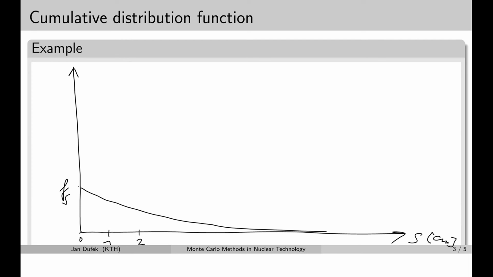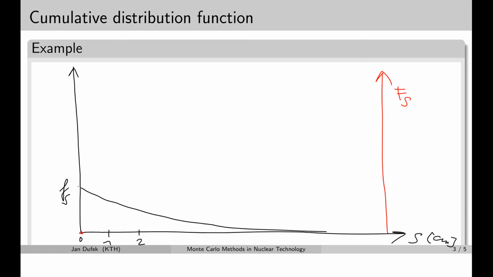And I'm going to use the red color to mark the cumulative distribution function for this random variable. So for instance, for the distance of 0 centimeter, we would need to integrate the function from 0 to 0. So that would give us 0. So the cumulative distribution function for the distance of 0 centimeter would be 0.